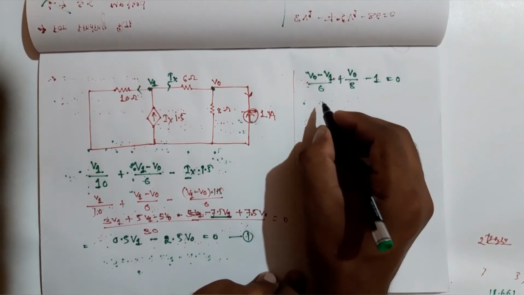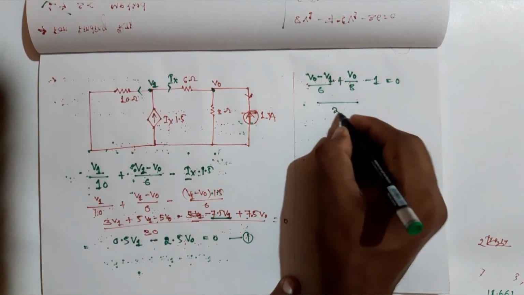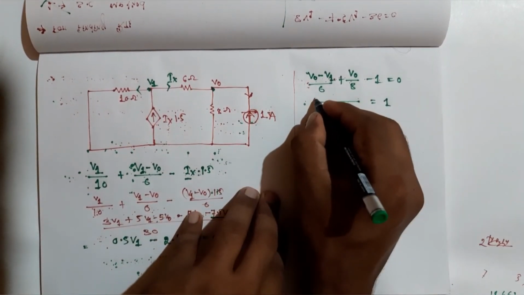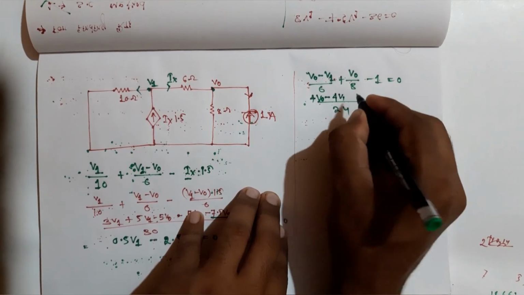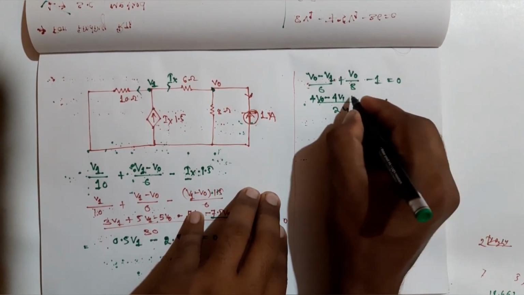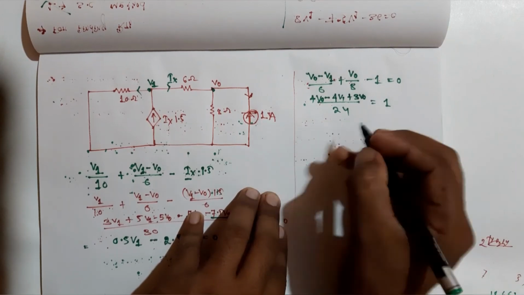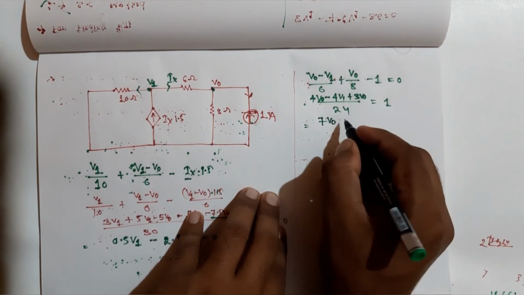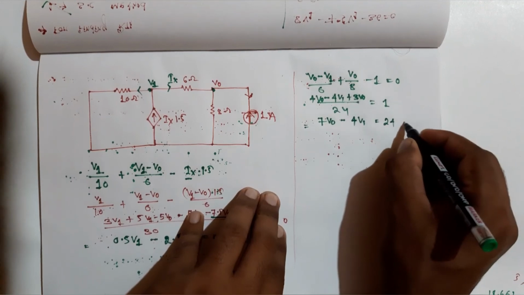Taking the LCM, 24, outside, this is 4V0 minus 4V1 plus 3V0, so 7V0 minus 4V1 is equal to 24. This is your second equation.